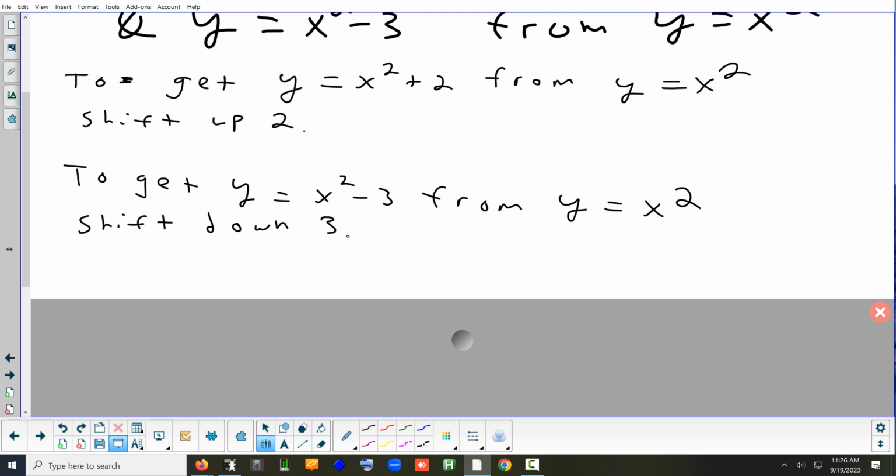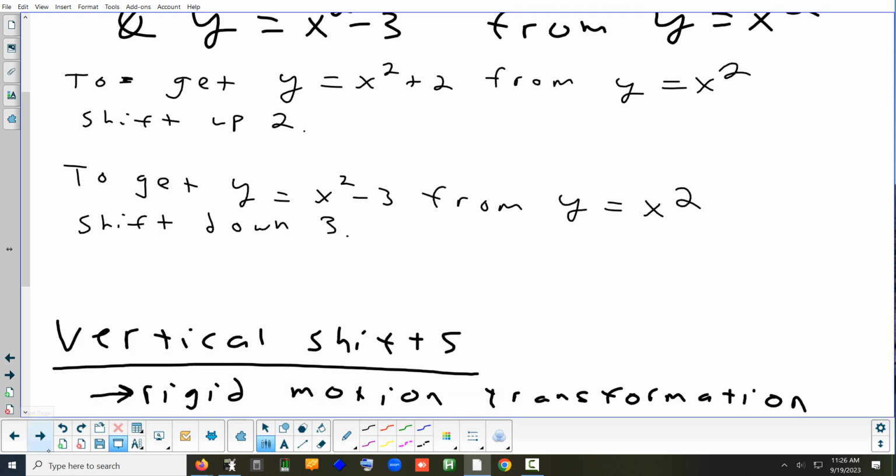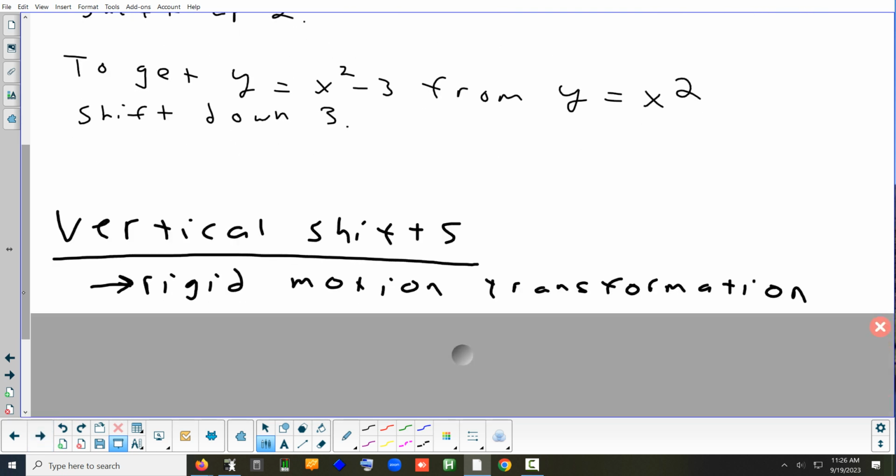So both of these kinds of transformations this time are what we call rigid motion transformations. When you stretch something, think of like if you had a piece of rubber and you wrote your name on it and then you stretch it, right? It distorts because you stretch it. If you just take that piece of rubber and move it somewhere, it doesn't distort because you're not stretching it. It's called a rigid motion transformation.